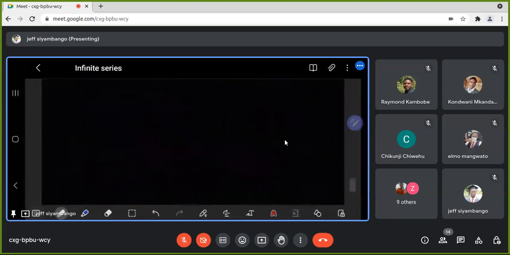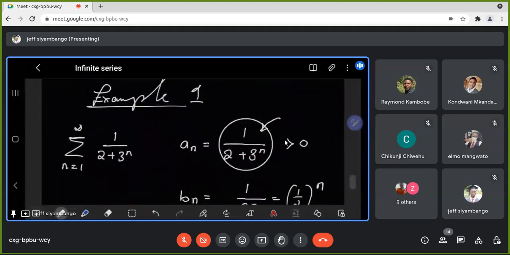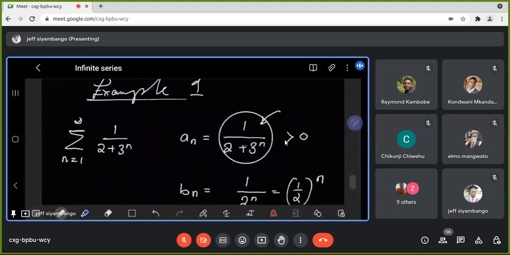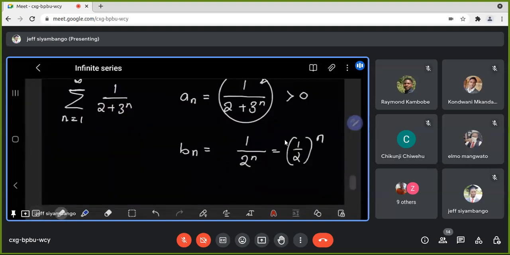So by observing this, I see that if only the 2 was not present, then 1 over 3 to the power n would be seen as a geometric sequence. So I define Bn to be equal to 1 over 3 to the power n, without that 2.